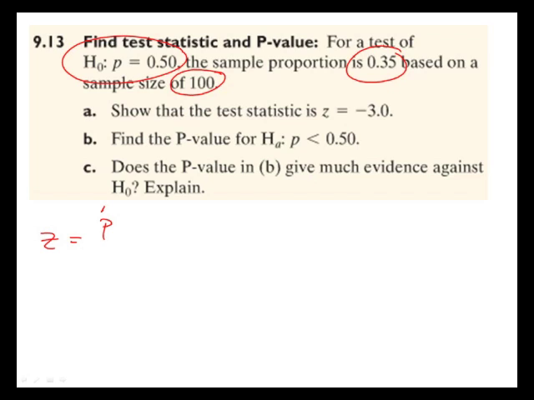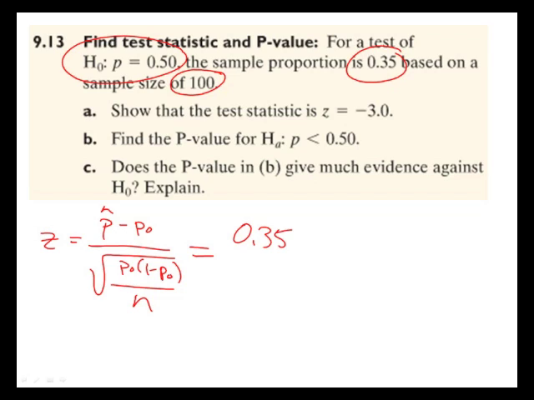So the formula is p hat minus p0, divided by the square root of p0 multiplied by 1 minus p0, divided by n. So our p hat is, our p0 is, and again, putting this in the calculator, be sure to put parentheses.